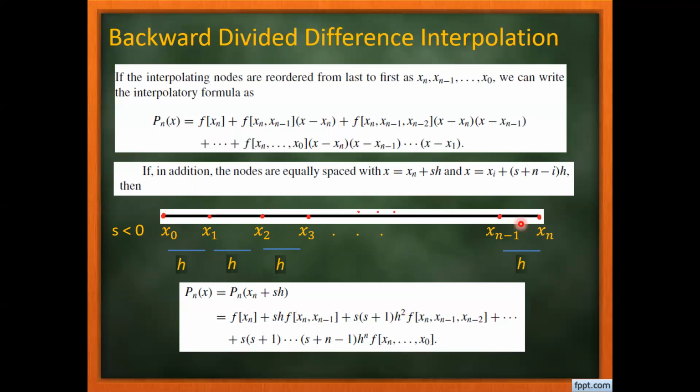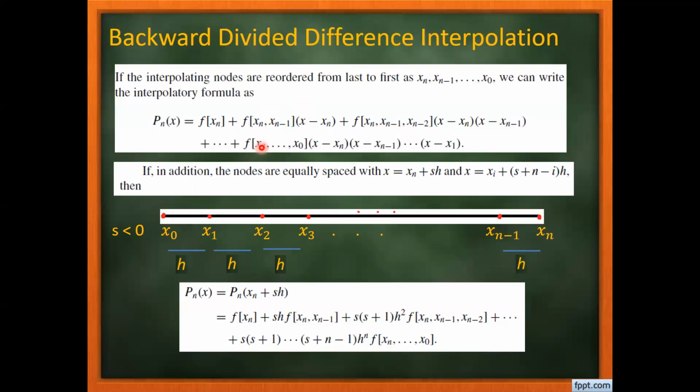So in this case, we will first approach the x minus xn node, then x minus xn minus 1, and then gradually we'll go to the last node, x minus x1. Then you have a second order divided difference at the nth node, multiplied with x minus xn, x minus xn minus 1. And in the last term, we have the nth order divided difference at the nth node.